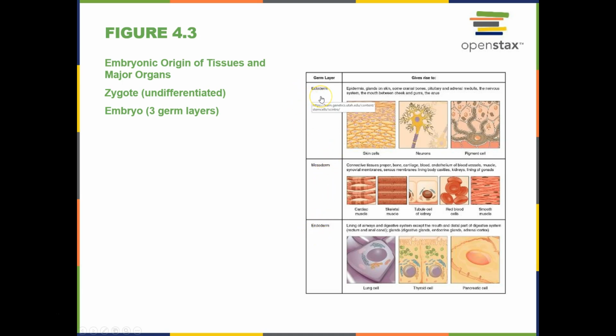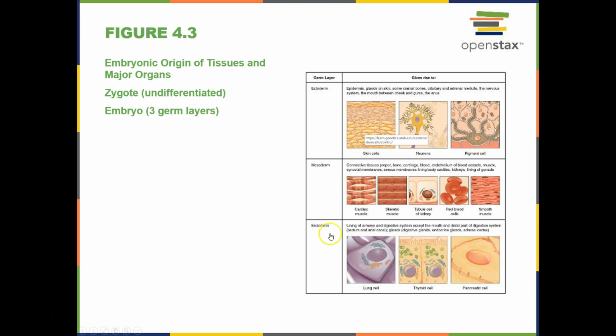So the ectoderm is the germ layer that gives rise to skin, eyes, our nervous system. The mesoderm gives rise to all of our connective tissues as well as our muscle tissues. And then the endoderm gives rise to the majority of our GI tract, reproductive organs, some of our respiratory structures as well that are internal.